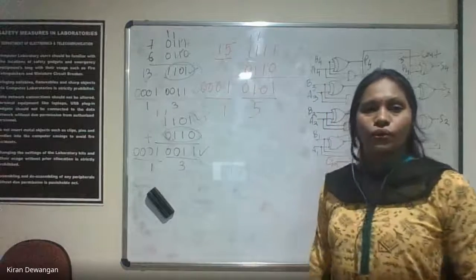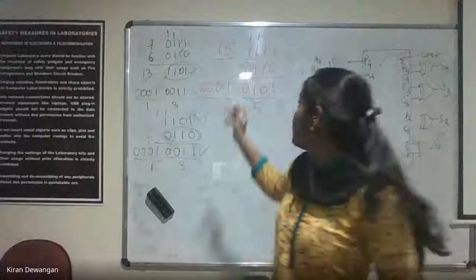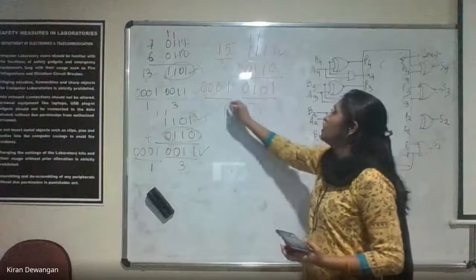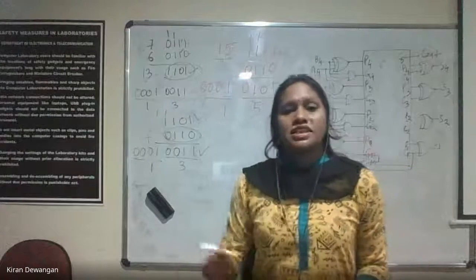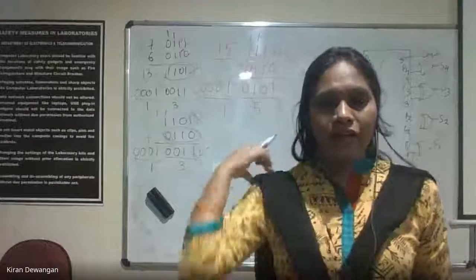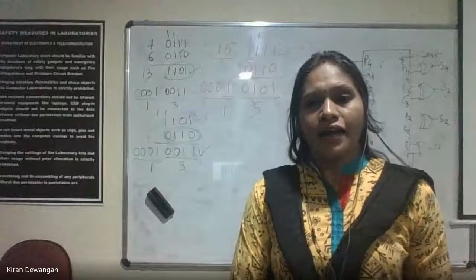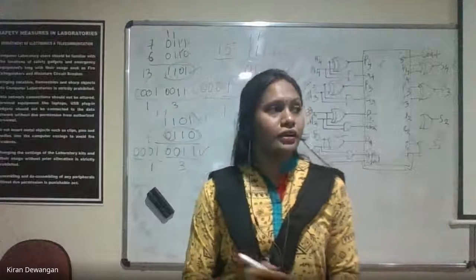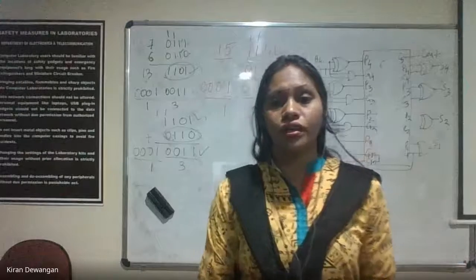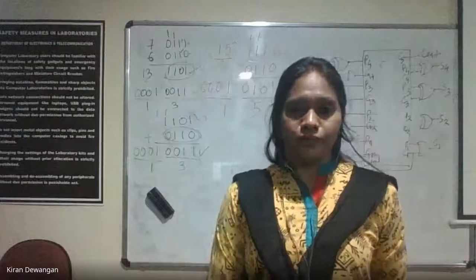This is how we will be converting the invalid codes to the valid BCD code. Is this clear? Why are we adding 6 to it? Is this clear, students? Addition of 6 is important in BCD code just to make it a valid BCD code.